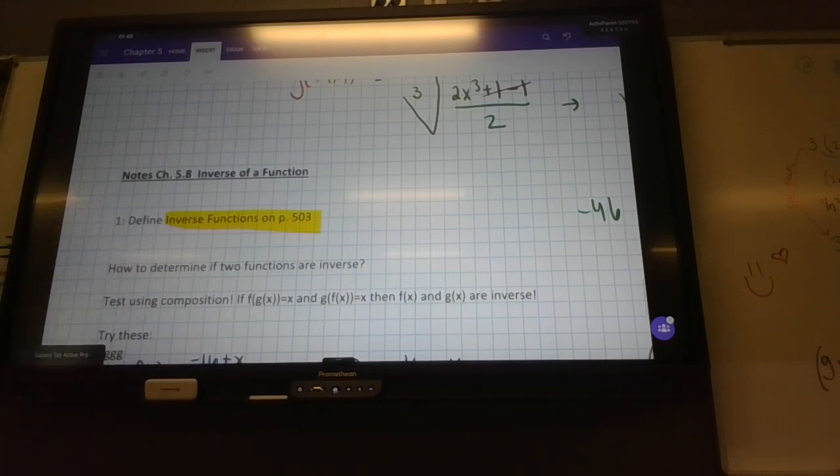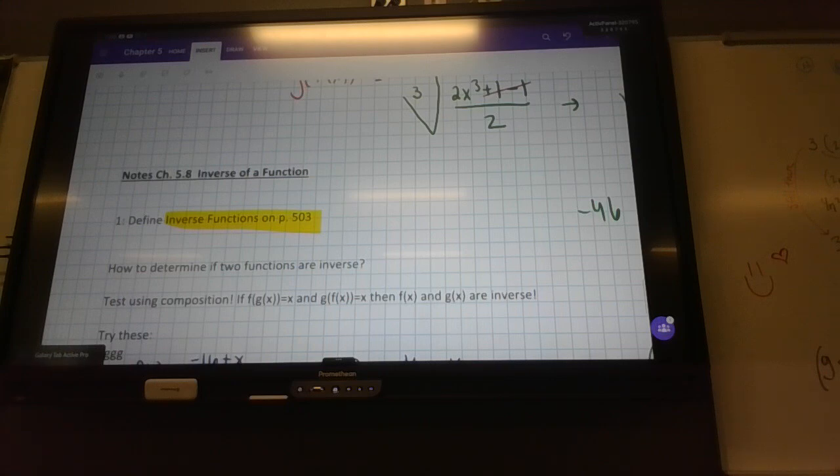Read about it a little bit, and I'll go through the definition. Are we ready?